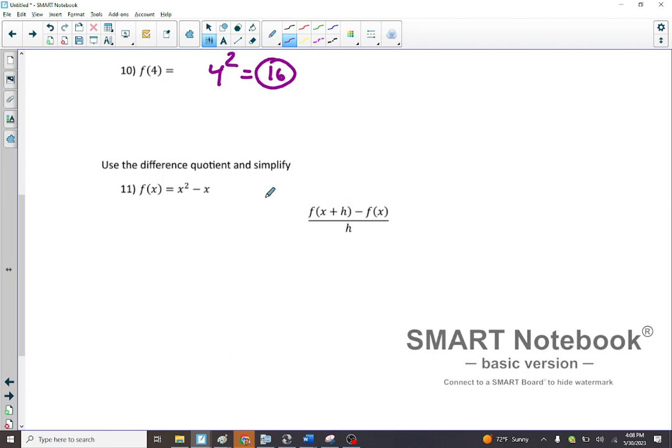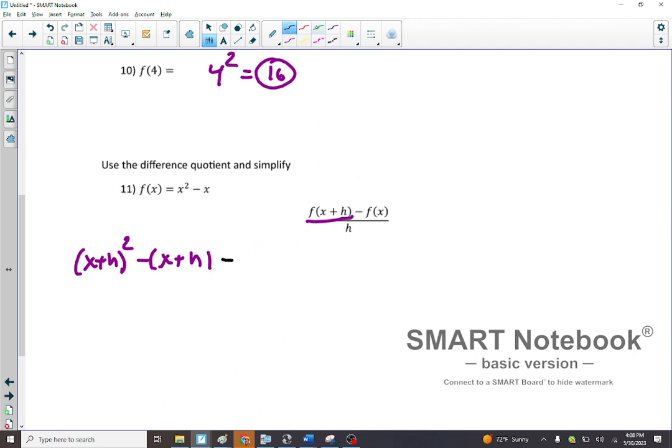When you see this, you're going to plug in x plus h for every x you see. So the first part here is going to be (x plus h) squared minus (x plus h). That is this part right here.